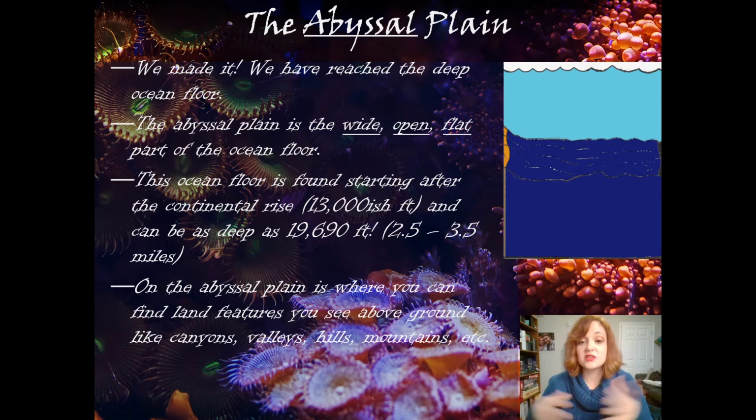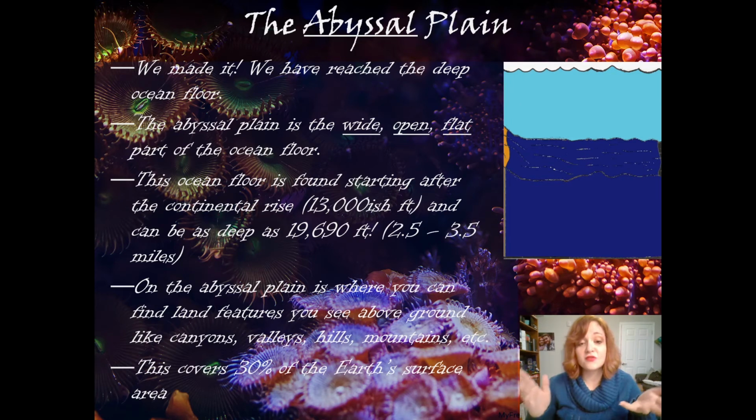And on the abyssal plain is where you'll find any of your other land features. So the plain itself is flat and wide like the Great Plains out in the Midwest. But this is also where you can find mountains, canyons, valleys, hills, anything you find up here, you can find down there.